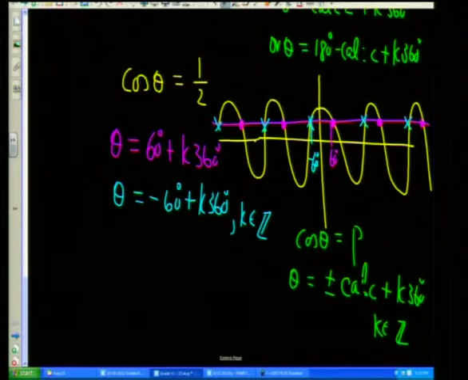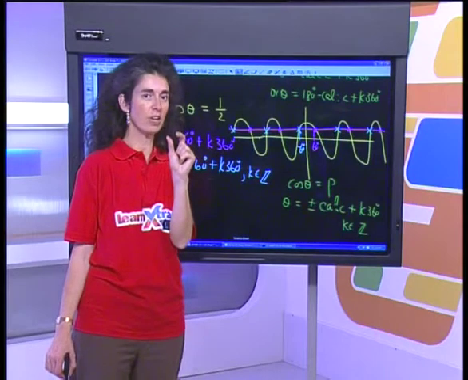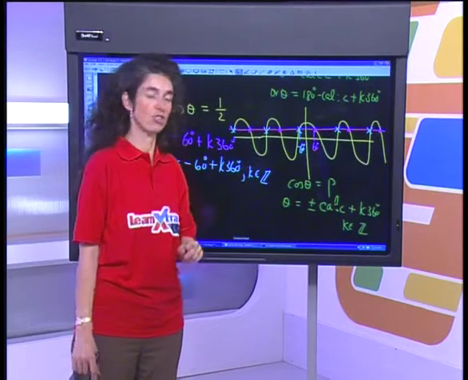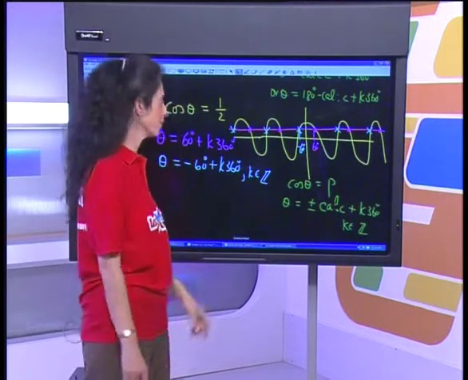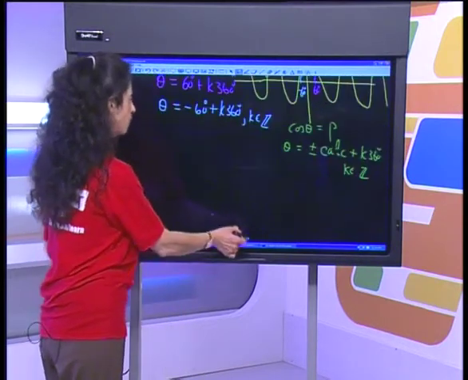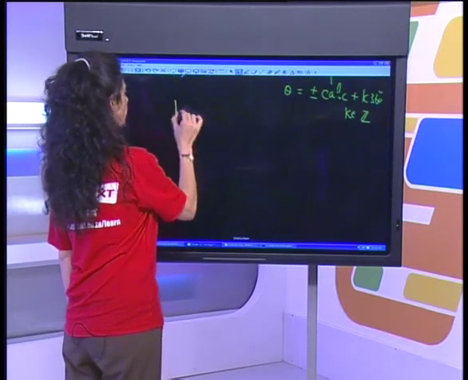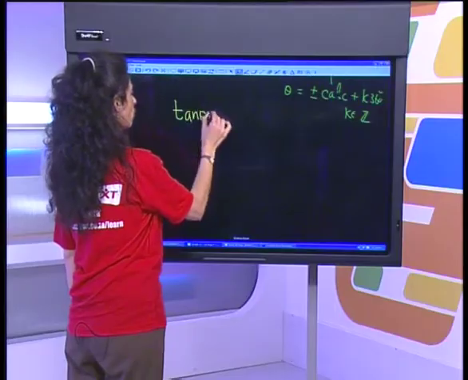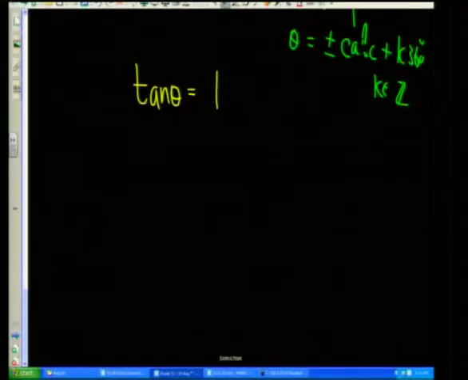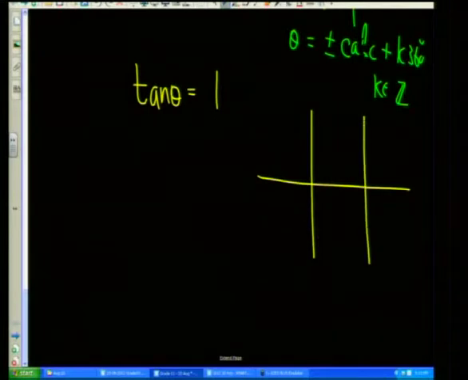So as with sine, we needed to utilize that difference between 180 and the calculator angle. This time round, we can just use plus or minus, which is really, really nice. And then the tan function is even easier, because if I say to you that tan theta equals 1, my tan function is periodic over 180 degrees.